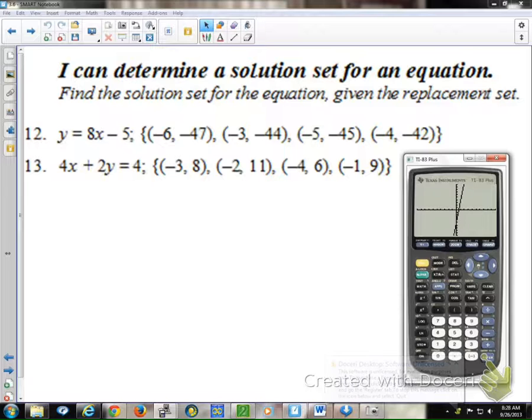Mine still doesn't look right. This one's stupid. Mine looks like that. My line looks like that though.